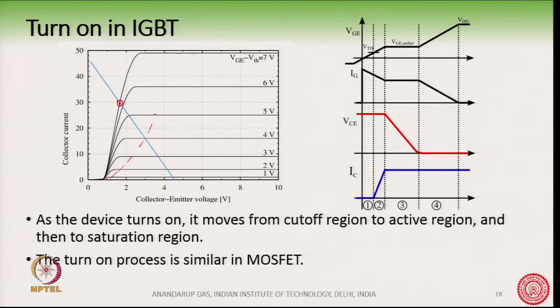This left hand side is the saturation region, this is the active region, and this is the cutoff region of the IGBT. The turn on process I have discussed is very similar in a MOSFET. The MOSFET and IGBT, the gate side of it is very similar in structure.